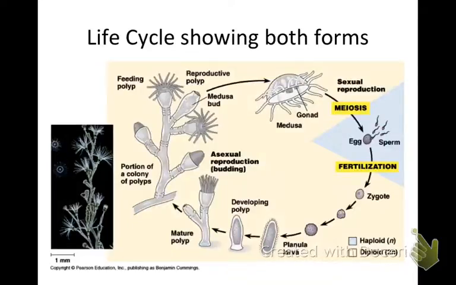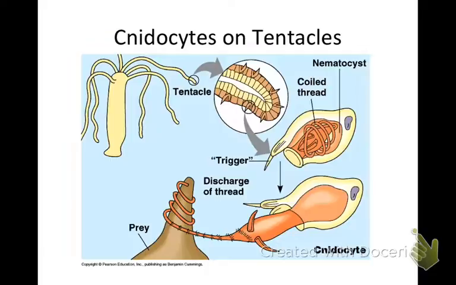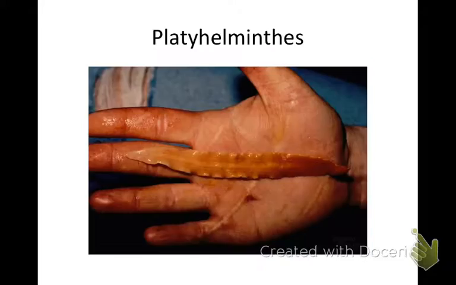Then we have life all over again, circle of life, Cnidarian style. So cnidocytes, this is what they look like underneath a microscope. So remember, mainly they want to use these for prey, but sometimes they will use them to ward off predators.